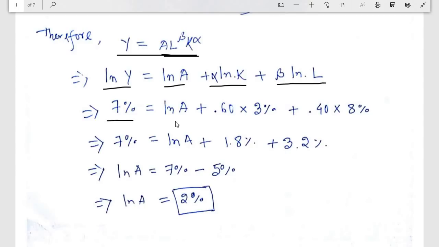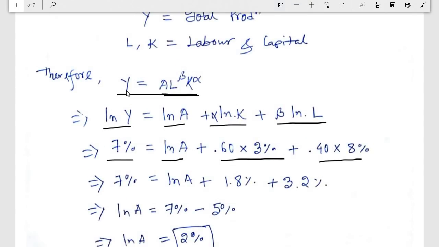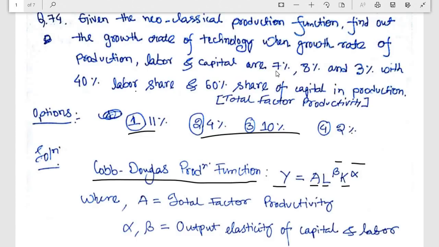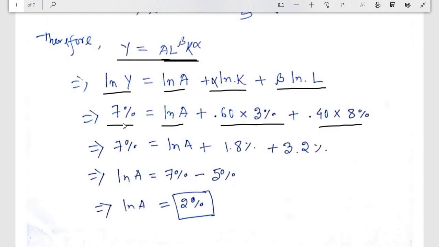We have to put in the numbers given in the question. Y here is total production, which is given as 7%, so put 7% here. Then our question is to find the total factor productivity, so we have to find this log A, right?